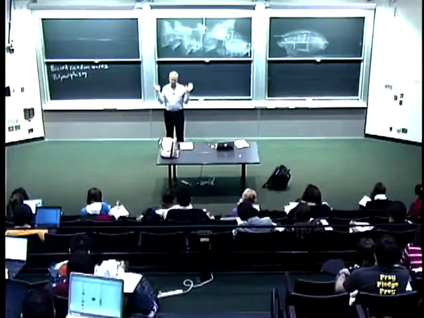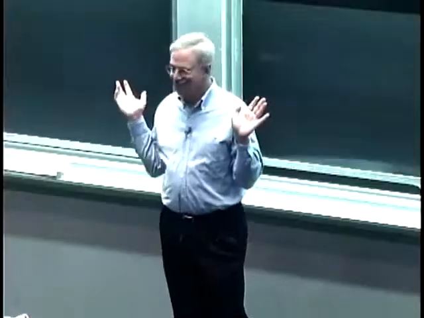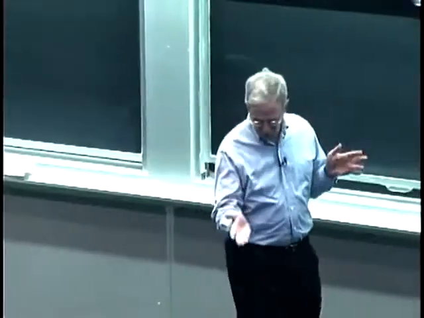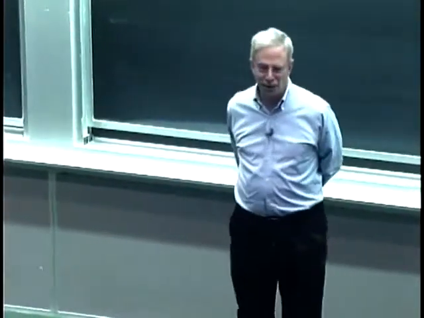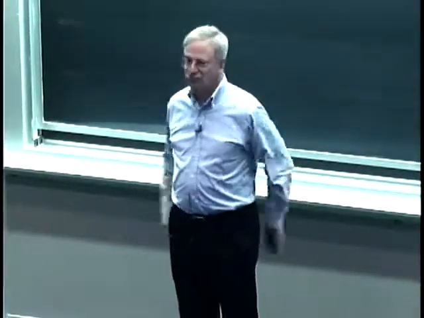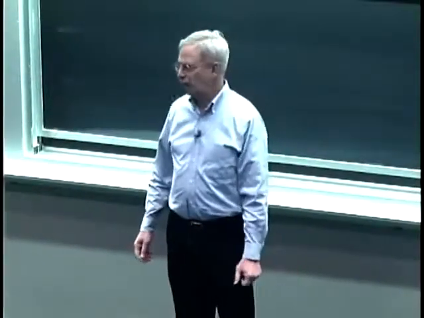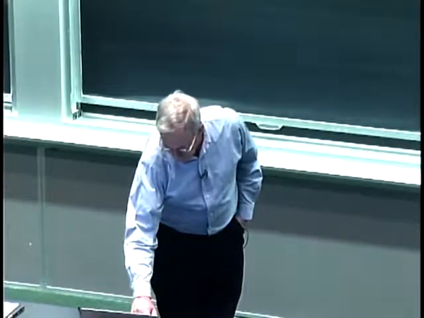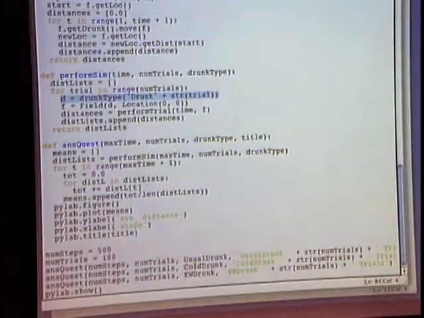Now, I better not pass it a float. If I answer question instead of something like usual drunk or cold drunk or EW drunk, I pass it float or int, the world will come crashing down around my head. But I haven't. So you'll see down here, I pass it num steps, number of trials, and usual drunk, which is the name of a class.